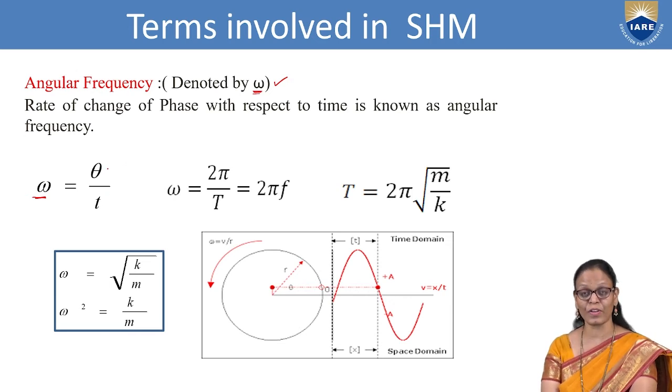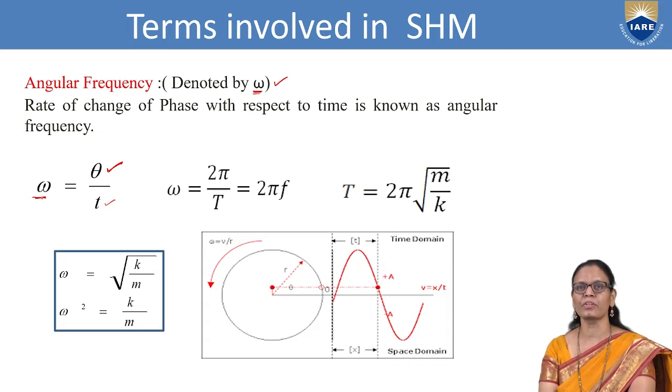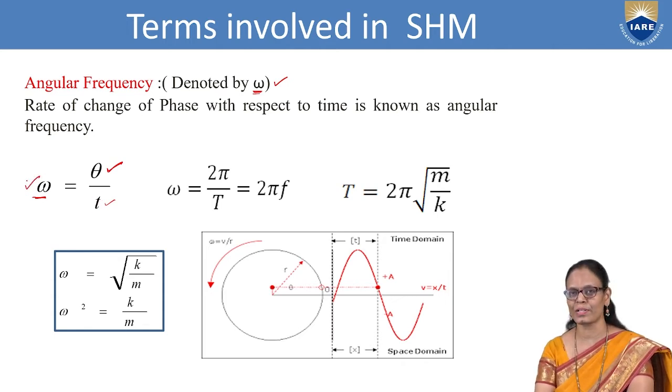Theta is phase, t is time. It means the rate at which the phase changes with respect to time is called angular frequency. Now, when we write omega is equal to theta by t, you can measure the angle at any given interval of time and you can find the angular frequency.